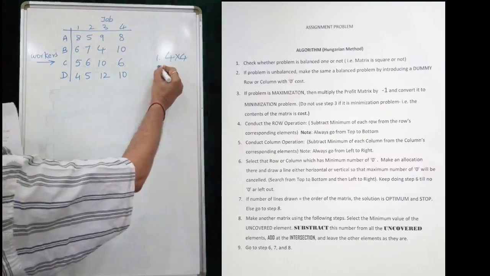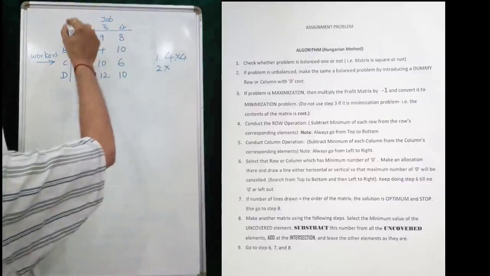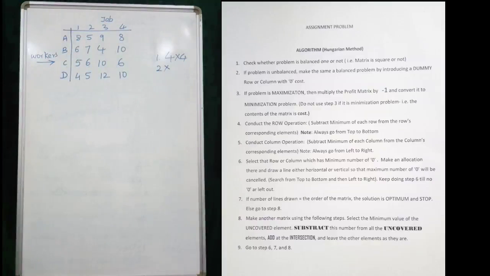I did not do step number 2 because the problem is 4 by 4, so it is already balanced. The third step says if the problem is maximization, then multiply the profit matrix by -1 and convert it to a minimization problem. Once I convert it to a minimization problem, the further steps of the algorithm will be as they are.